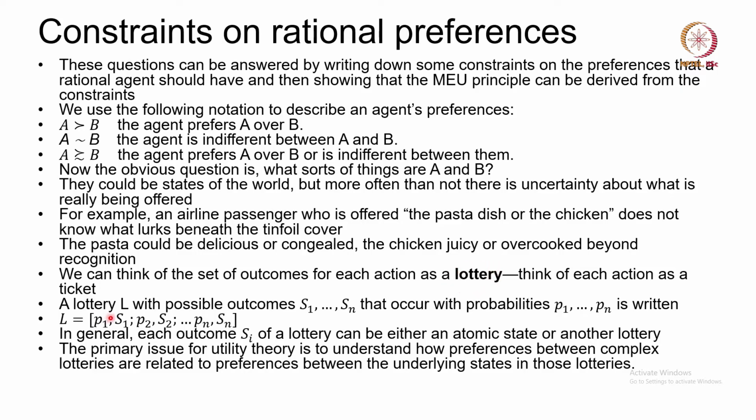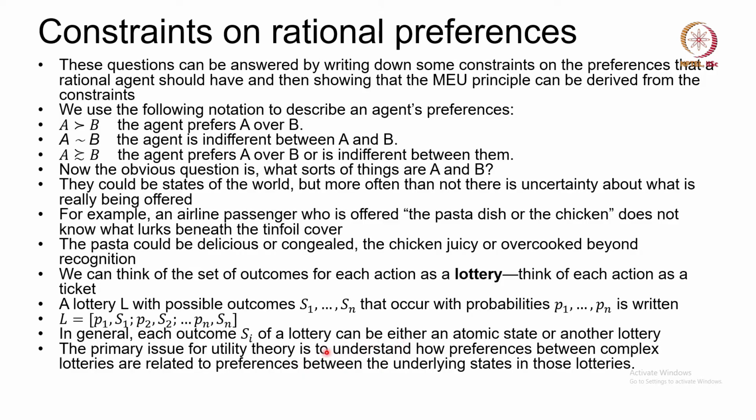So a lottery L, with outcomes S1 to Sn occurring with probabilities P1 to Pn. In other words, S1 occurs with probability P1, S2 occurs with probability P2, etc. Then we can write the lottery in this way: P1 S1, P2 S2, etc. So this is a way you write a lottery.